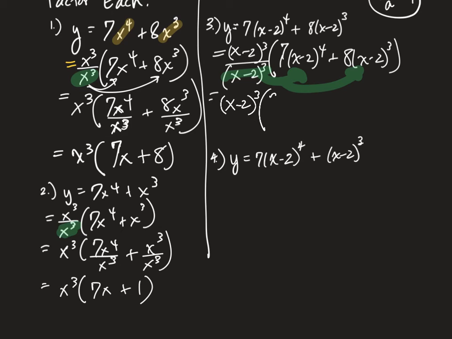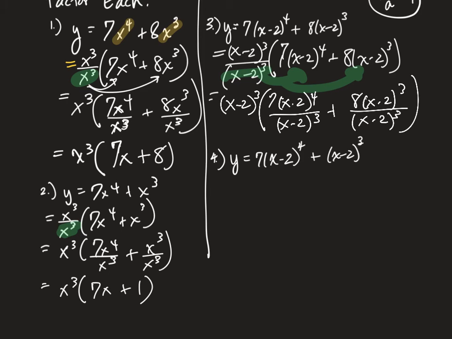And then when I bring the other over, right, what happens there? I end up with x minus 2 cubed.